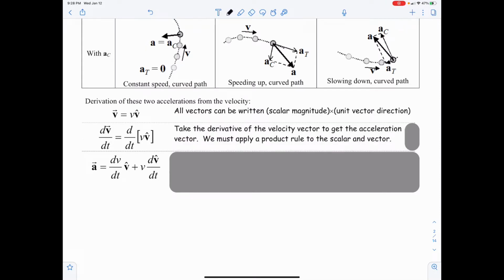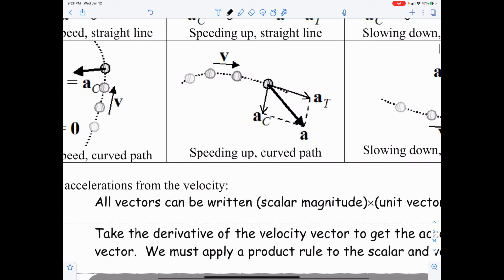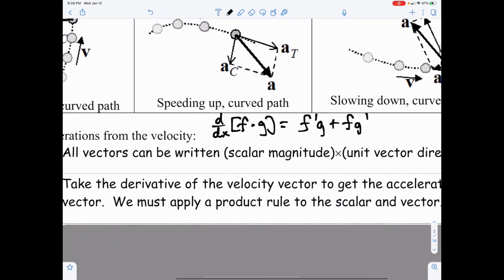Now, remember the product rule, I'll use x as the example here: the derivative with respect to x of functions f times g is f prime times g plus f times g prime.